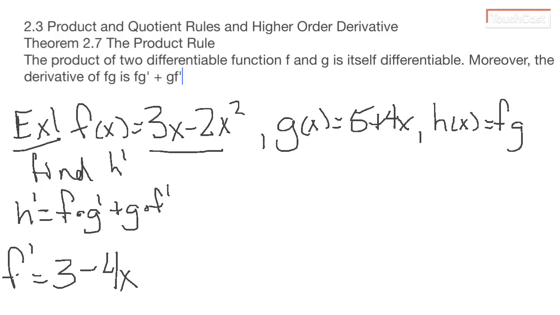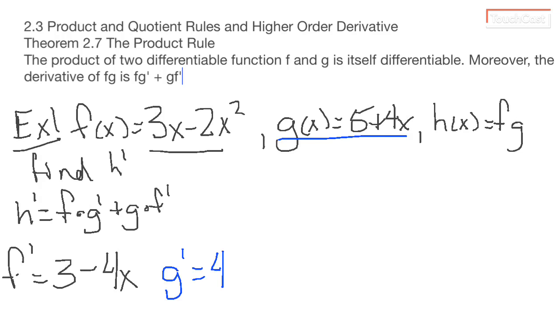Let's also find g prime while we're at it. G prime. We've got 5 plus 4x is g of x. We've got a sum. So if we first find the derivative of the first term, 5, that's 0, so we don't have to write anything. The derivative of the second term, 4x, that's just going to be 4. So now let's try to find h prime.